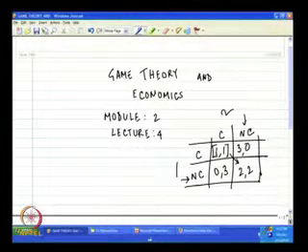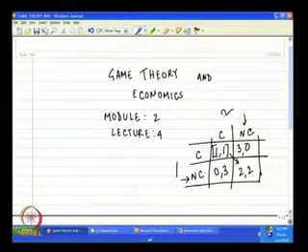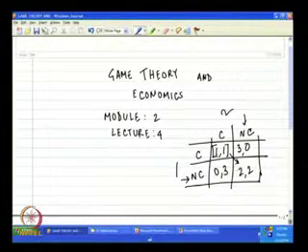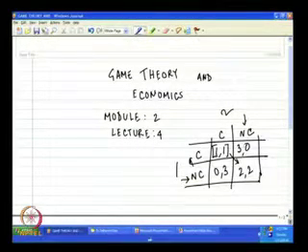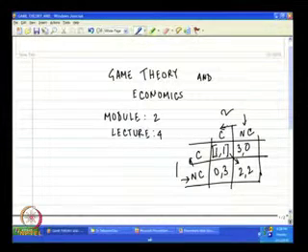Because if player 1 knows that player 2 is going to play NC, in that case if he plays NC he gets 2, but if he shifts to C he gets 3, which is better. So, he will shift. And similarly for player 2, if 2 knows that 1 is going to play NC, 2 is not going to play NC, he will play C. So, ultimately both of them will play C and 1, 1 will be obtained.